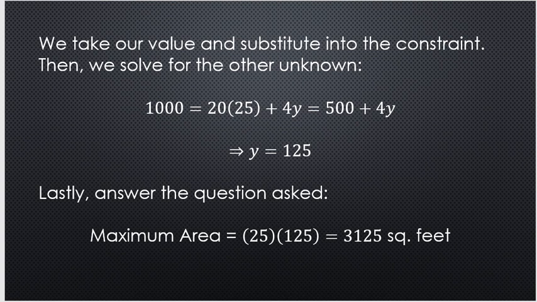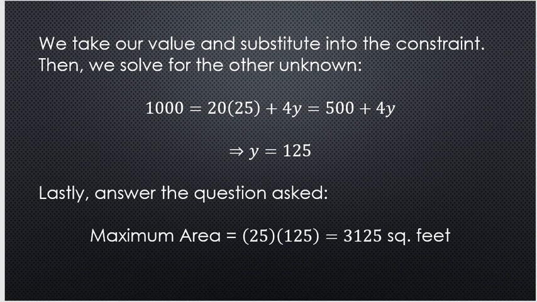So this is the one sample problem that I wanted to go through in this video with you to see how we're using each of these steps and to go through the full process. Step 1, draw a picture. Step 2, objective and constraint equations. Step 3, take your constraint, solve for one unknown in terms of the other, substitute into your objective equation.